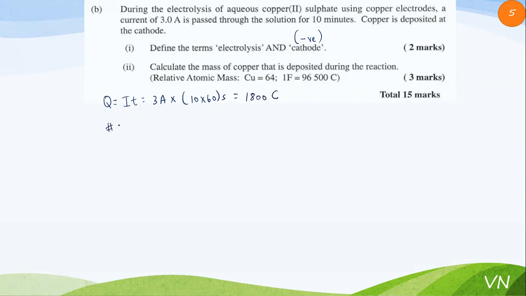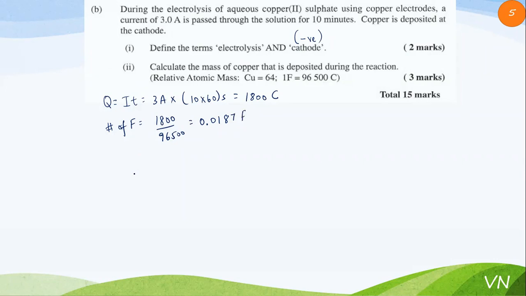The next, number of Faradays is equal to 1800 divided by 96,500. And that will equal 0.0187 Faradays.